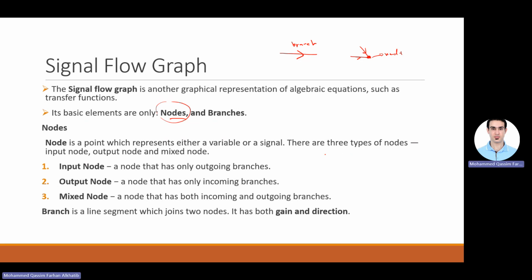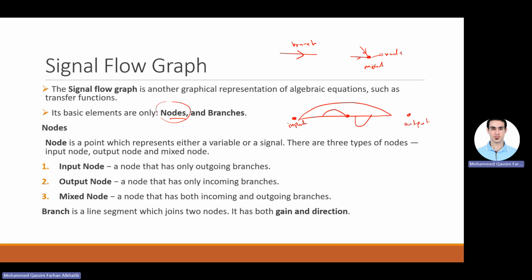There are three types of nodes. You have an input node, output node, and the mixed node. So here, this one is the mixed node. Input node, that's your input, and that's your output. So that's the input node, and that's the output node. And you may have whatever combinations of signal flow graph branches here.